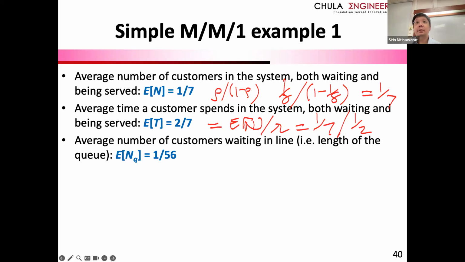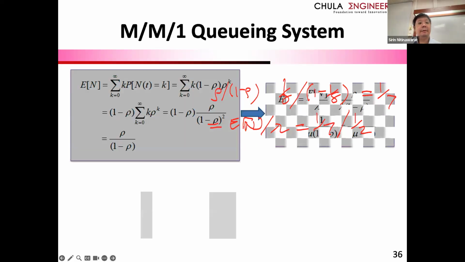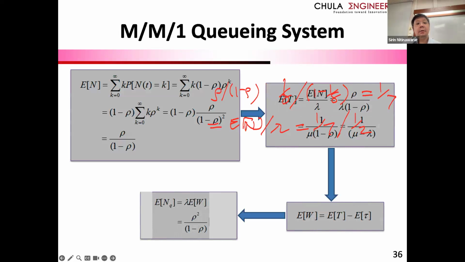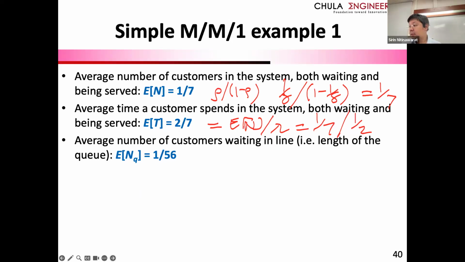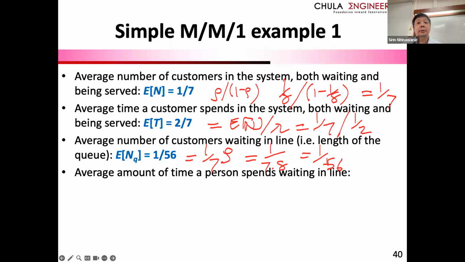Remember this formula? Rho squared divided by 1 minus rho. So I already know rho divided by 1 minus rho to be 1/7. E of NQ is to multiply that by rho, which is 1/7 times 1/8, 1/56.